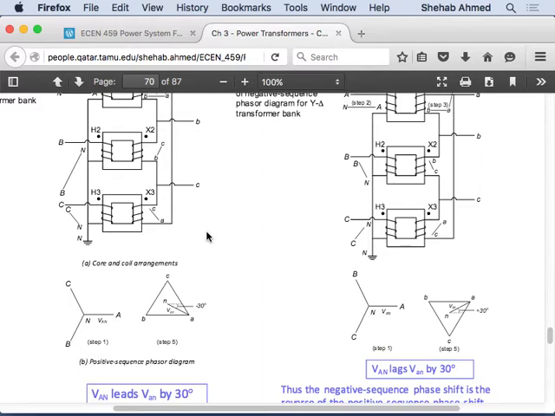That's when you convert to per unit and you properly chose your base, right? But in reality, of course, if you look at a star-star transformer, then the ratio of the terminal voltages will tell you what the turns ratio is, right?